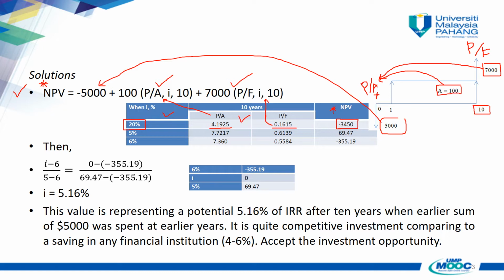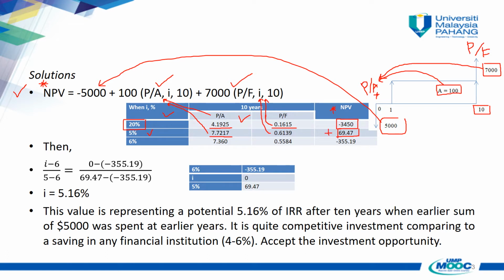I'm saying, okay, there's no chance for me to get 20%, I just put 5% interest rate. When I open the compound interest table and replace finding P when you know the A at year 10, 7.7, and for finding P when you know the F at year 10, we got 0.6139, and then wow, we got a positive number here, positive 69.